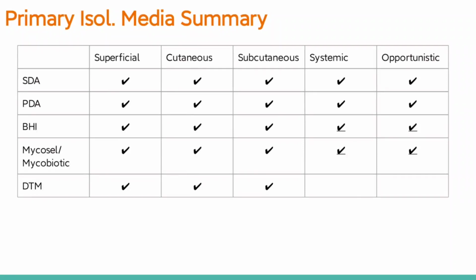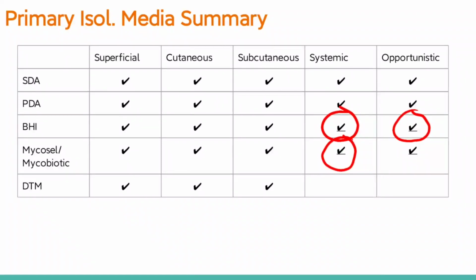However, for your BHI, ayan, only saprophytes yung importante dyan. Yan. Only pathogenic saprophytes except for your Cryptococcus as well as your Aspergillus. So, hindi tutubo dyan ang Cryptococcus as well as Aspergillus. Same goes sa mycocel.